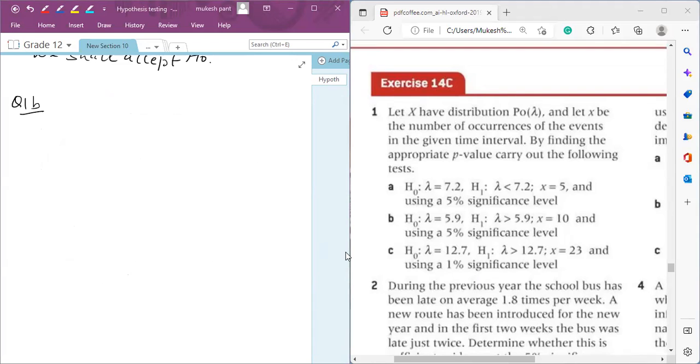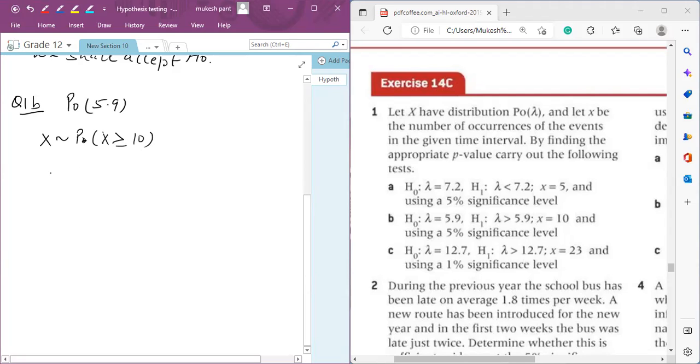In question number 1b, you can see that the null hypothesis parameter is 5.9. We are looking for greater than 5.9, and here X equals 10, and the significance level is 5%. This is a Poisson distribution with parameter 5.9. We have to find the probability of X greater than or equal to 10.